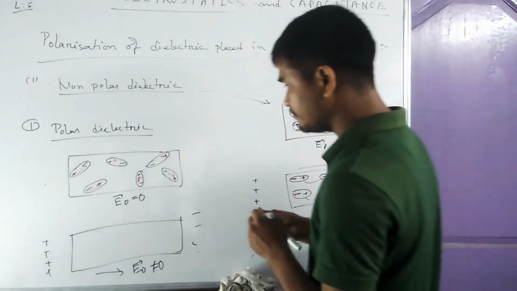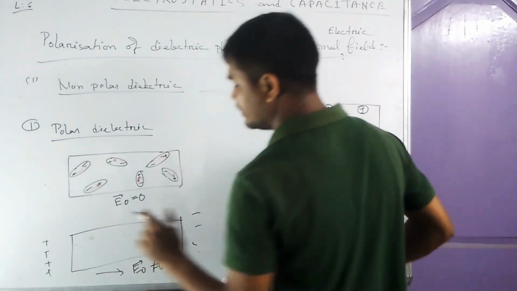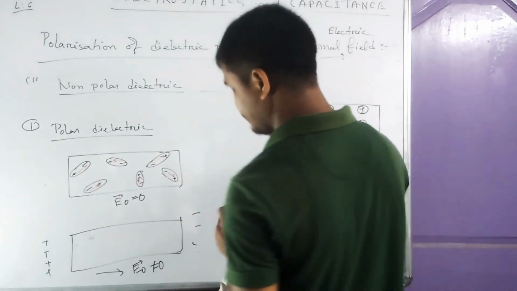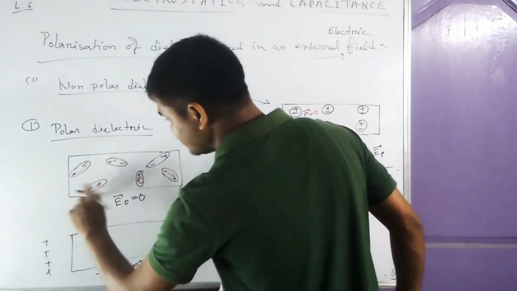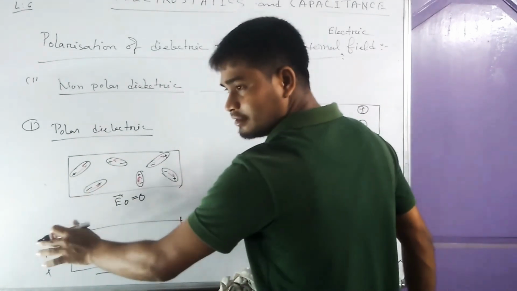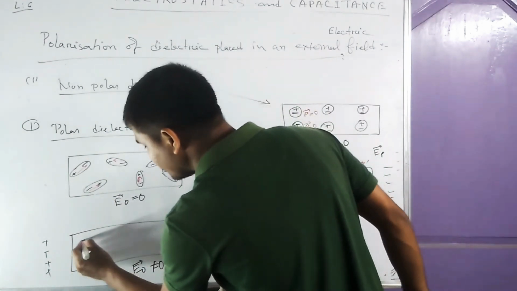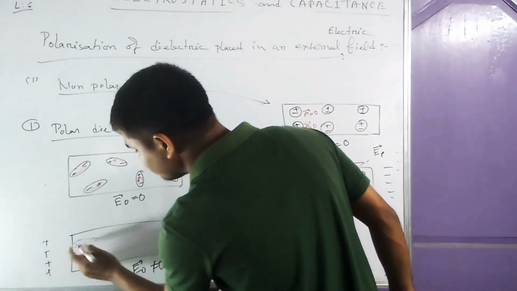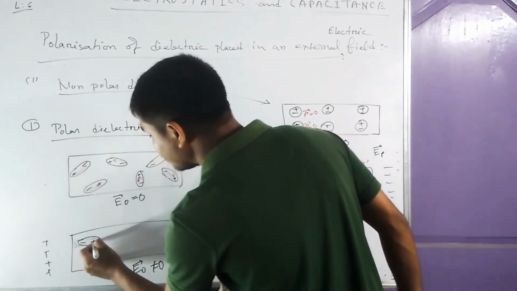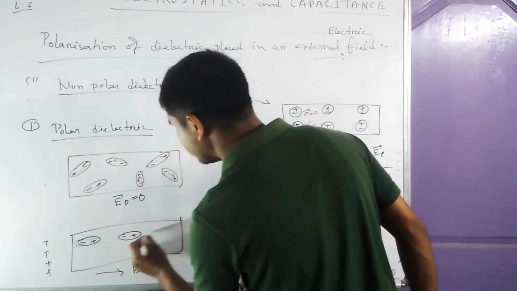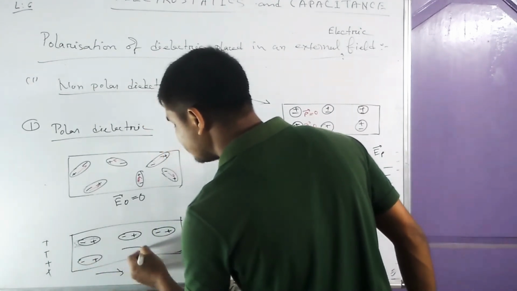In this case, what will happen? When the applied electric field is there, this plus is repelled by the electric field and the negative sign is attracted. Therefore there will be minus plus, minus plus, minus plus, minus plus.